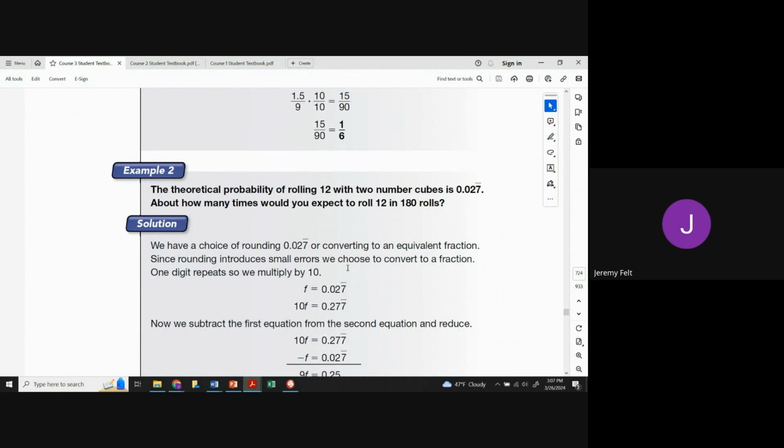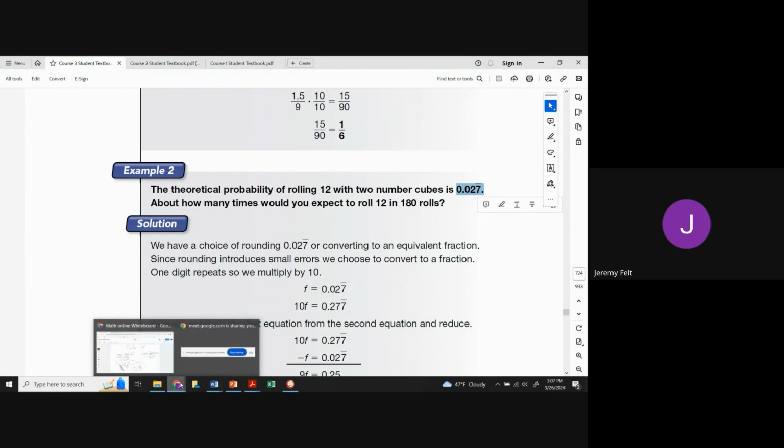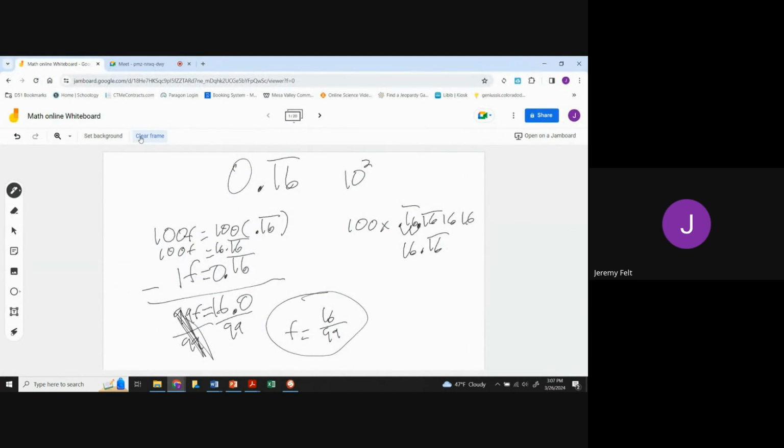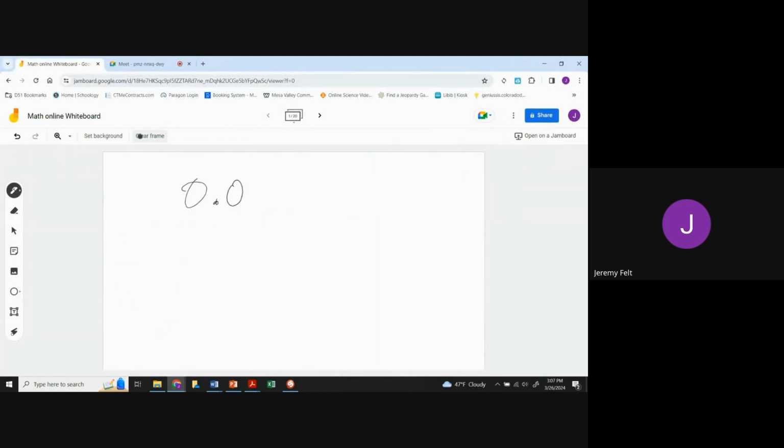Okay, let's look at this one. If we have 0.027 repeating forever, we'll figure out what the fraction of it is. Let me make sure, okay, just the bar above the 7. So there is a fraction out there that equals that. And then there's one repeating decimal, so 10 to the power of 1.